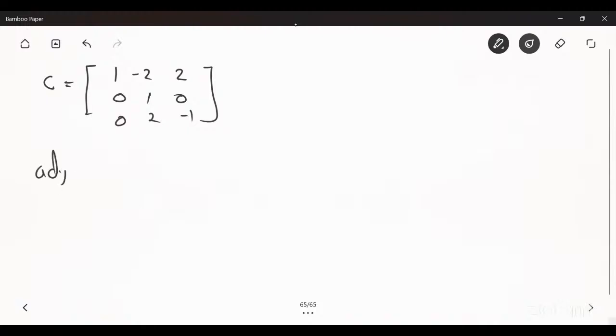So adjoint A is the transpose of that cofactor matrix. So you will get [1, 0, 0; -2, 1, 2; 2, 0, -1] as the value of adjoint A. So that was your value of adjoint.